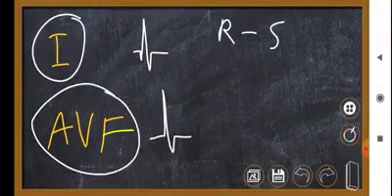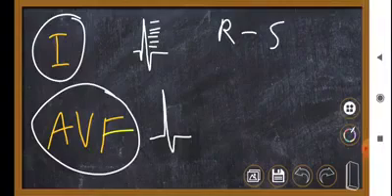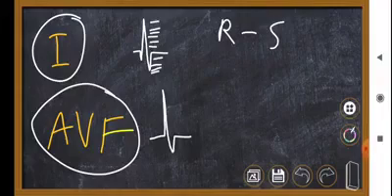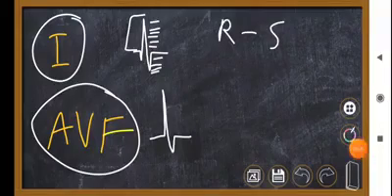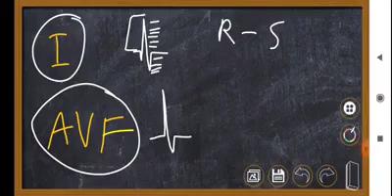The RS difference is the number of small squares in the R wave and the number of small squares in the S wave and their difference. We have already mentioned that the R wave is the first upwards deflection in a QRS complex, and the negative deflection following the positive deflection in the QRS complex is the S wave.